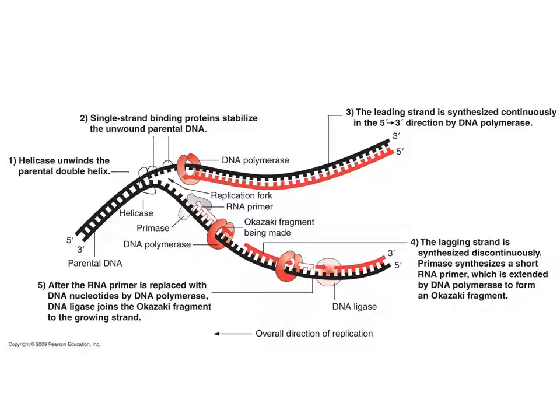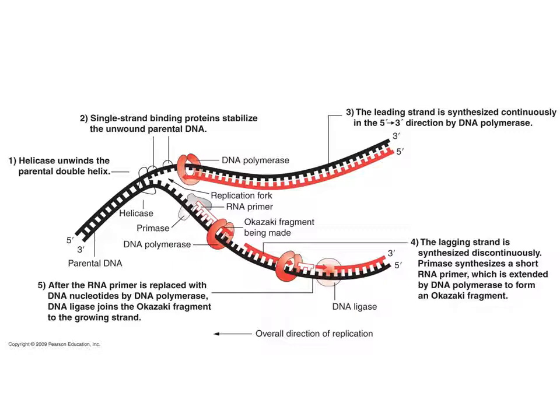So when we want to synthesize new DNA, the first thing that needs to happen is we need to separate that initial parental strand, in this image shown here in black. There is an important enzyme called helicase that is able to unwind the parental strands of DNA, basically breaking those hydrogen bonds.